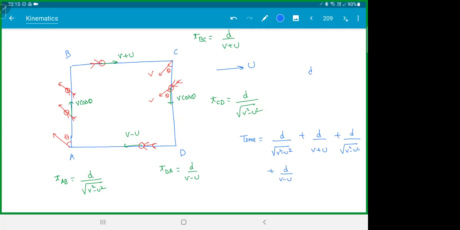Here D is 2 kilometers, V is 5 kilometers per hour, and U is 3 kilometers per hour. V square minus U square is 4, so root is 2. That is 1 plus 2 by 8 plus 1 plus 2 by 2, that is 1. So 2.25 hours, or 9 by 4.